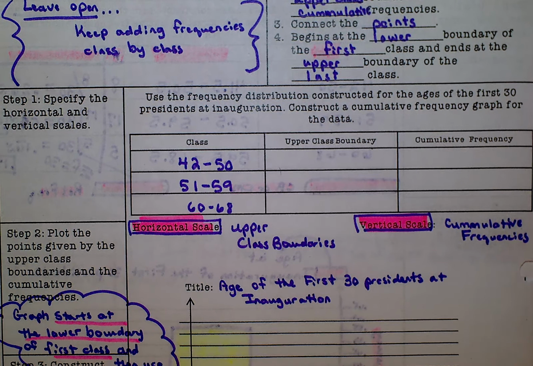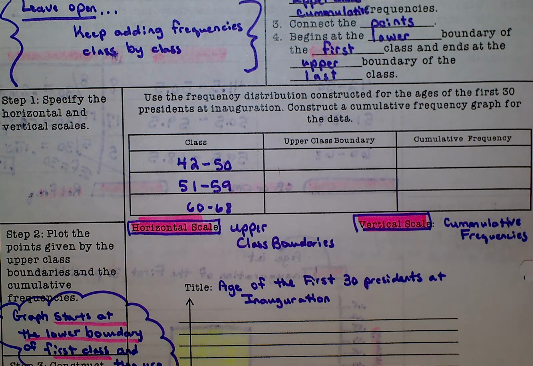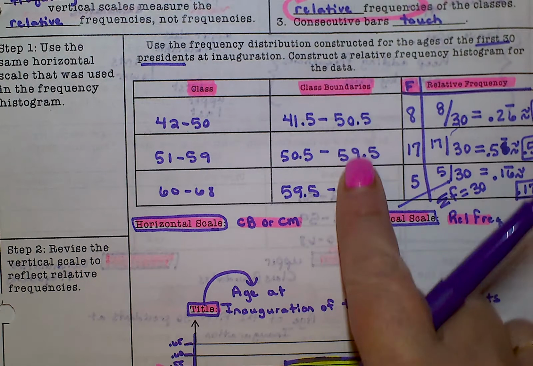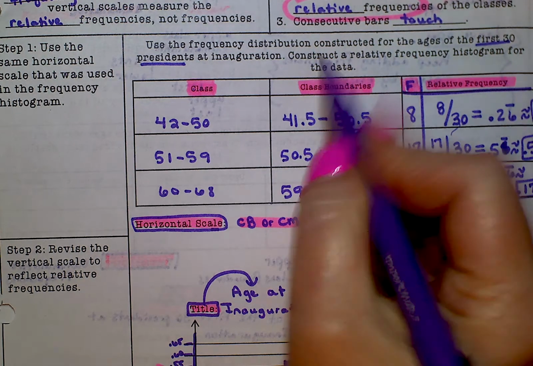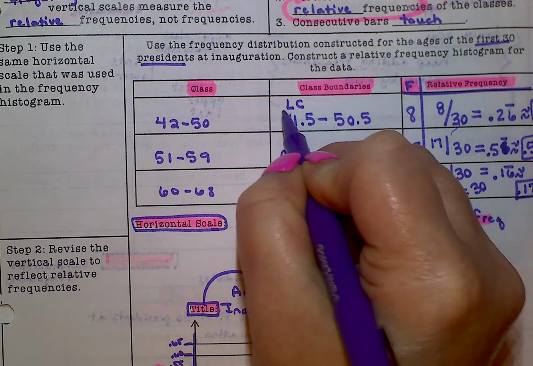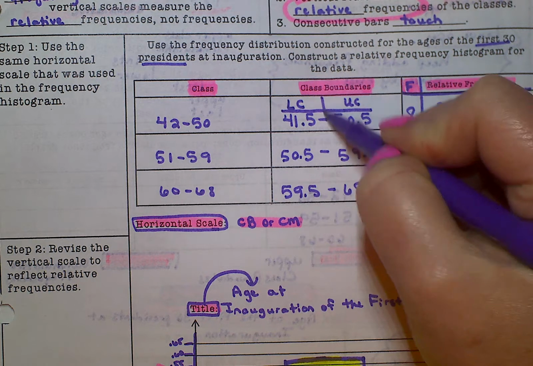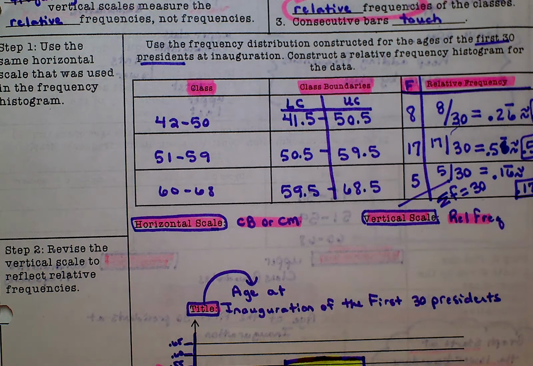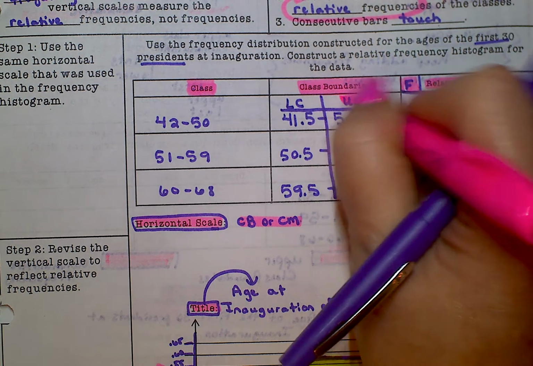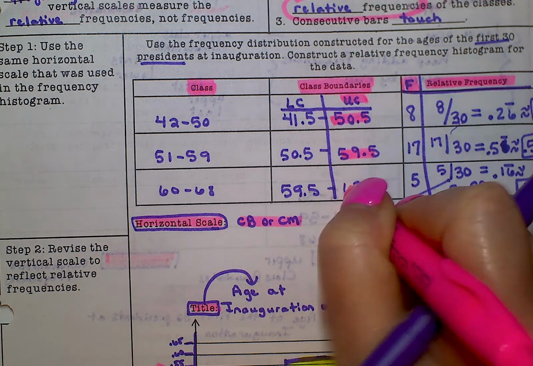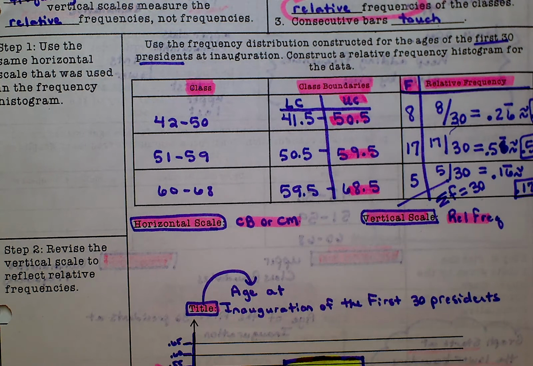Okay, so let's go back and let's think about what our boundaries were. Do you remember where we were adding these over here? We added that 0.5. This is our lower class. When we subtract 0.5, this is our upper class. So our upper class boundaries are going to be the ones where you have added 0.5.